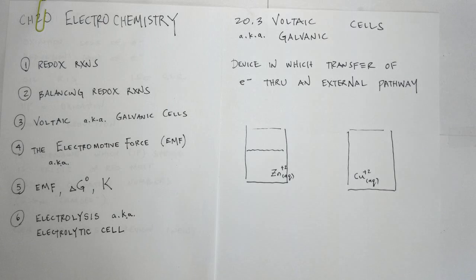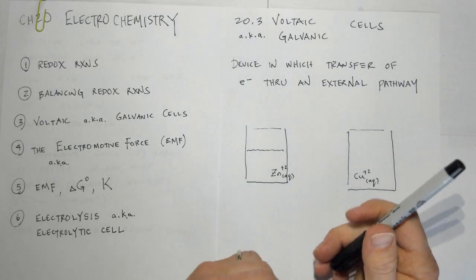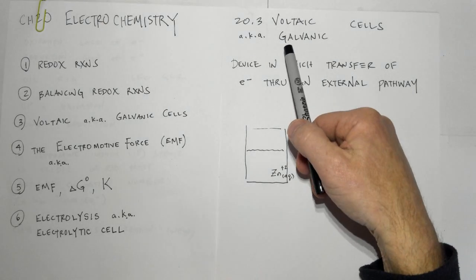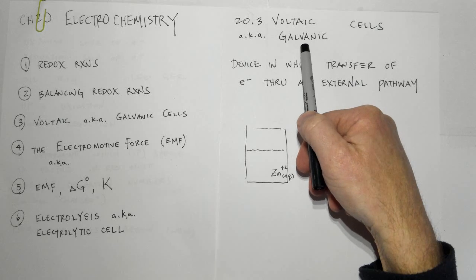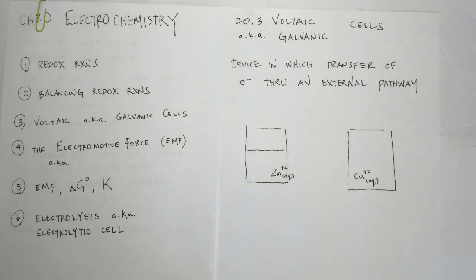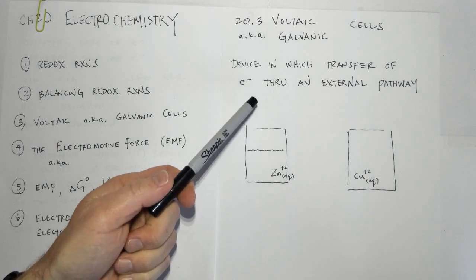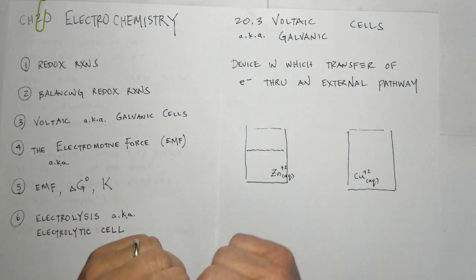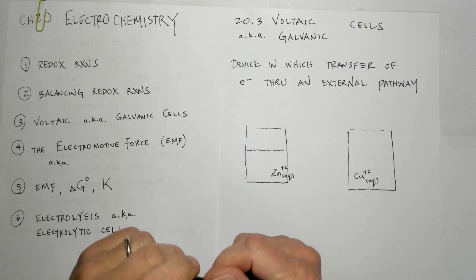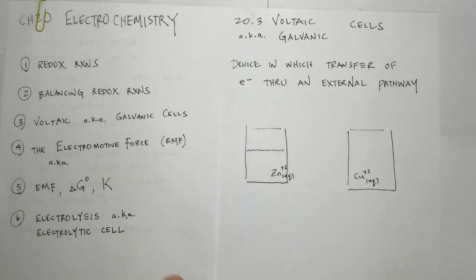So these are named after Alessandro Volta and Luigi Galvani, some of the people in the 1800s that were some of the first people to describe these things known as batteries or electrochemical cells, things that transferred electrons through an external pathway. And these devices that transfer electrons through an external pathway are super popular in the world.